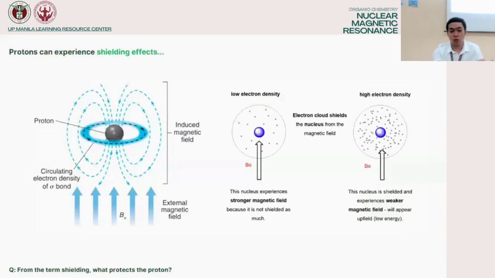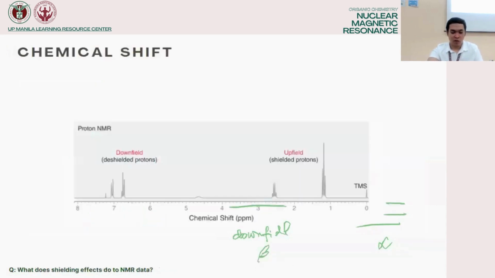So, upfield, high energy or low energy? Low energy. When stronger, this is downfield. More alpha in its characteristic, but downfield is more beta. So back to chemical shift.